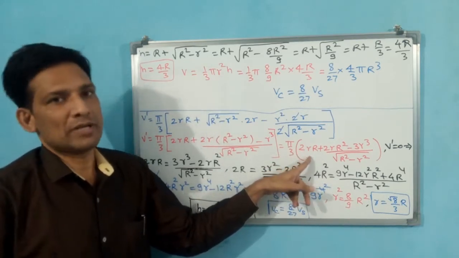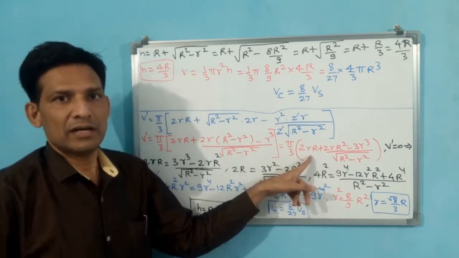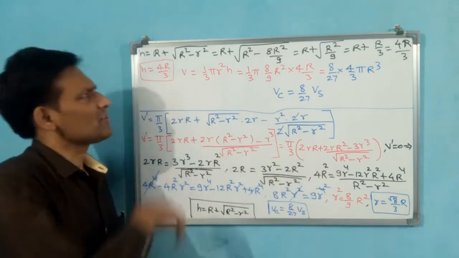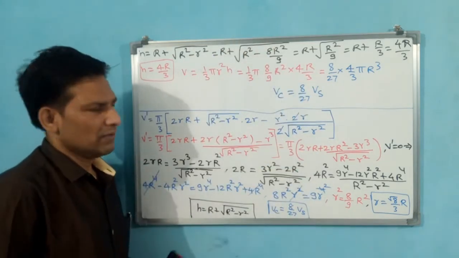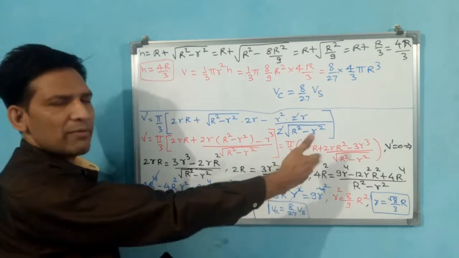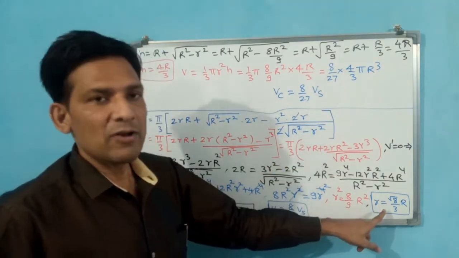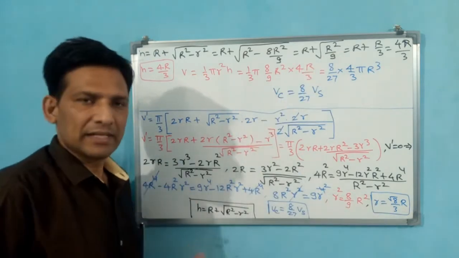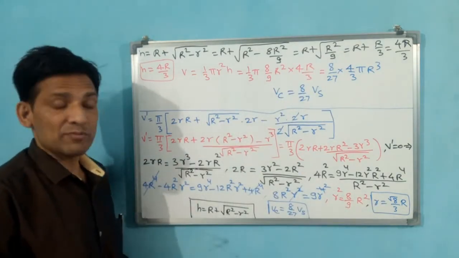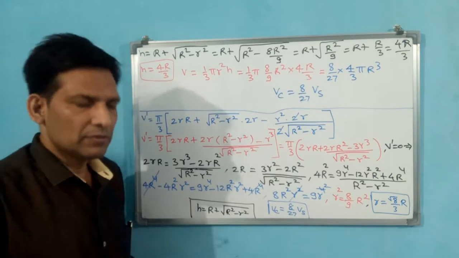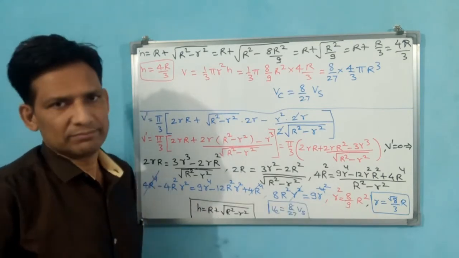Take this as homework. Based on marks you do this question. If fewer marks, I don't think V double dash is needed. When you get only one value of r, that will be the value, that's all. Maximum or minimum you have to see, but only one value has come.